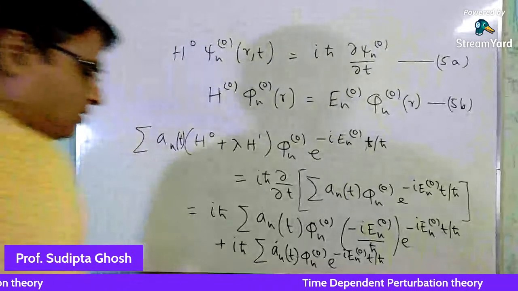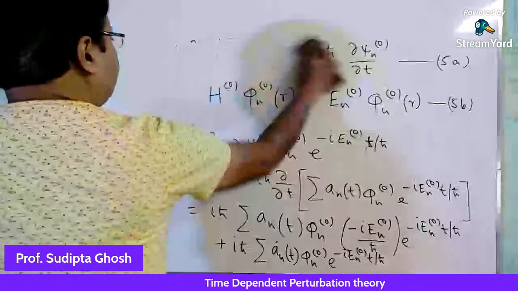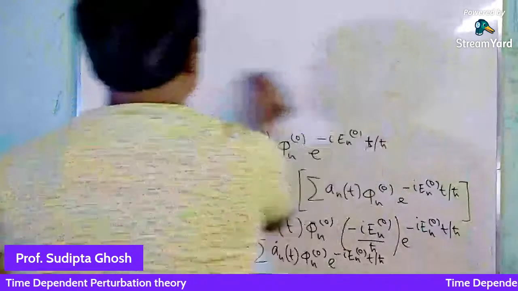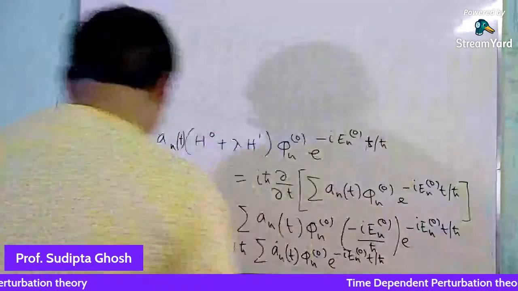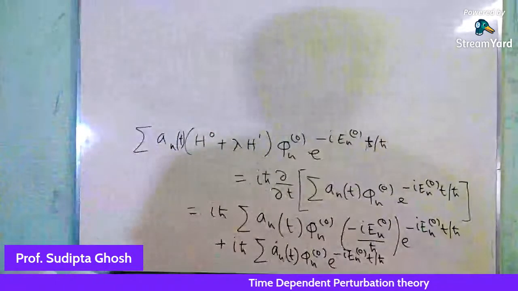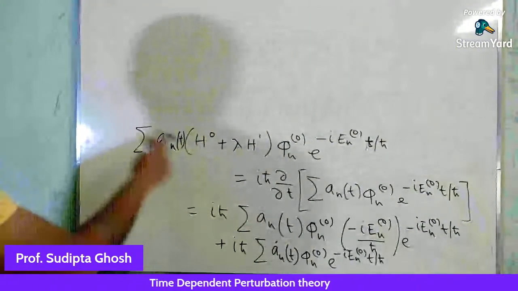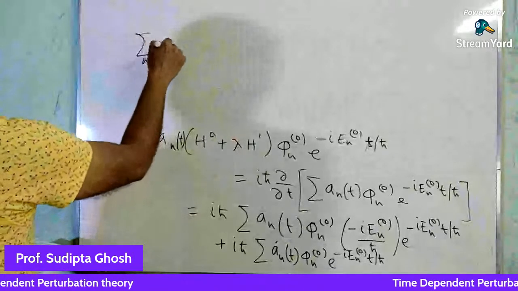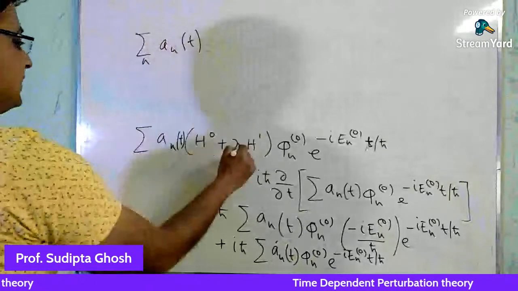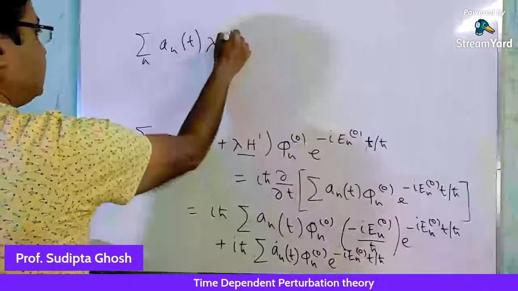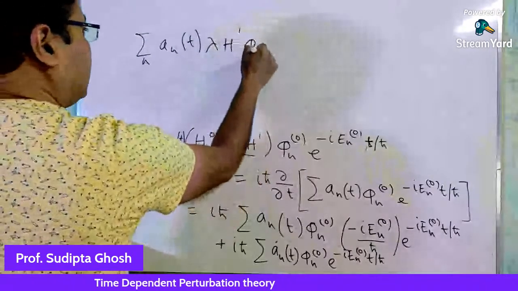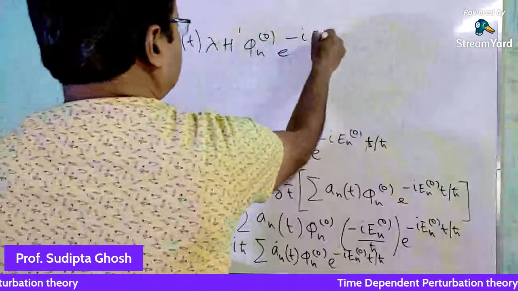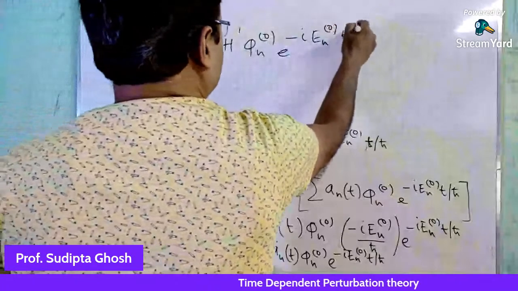And then we are actually left with, on the left hand side, summation over n a n t lambda H prime phi n0 e to the power minus i En0 t by h cut.